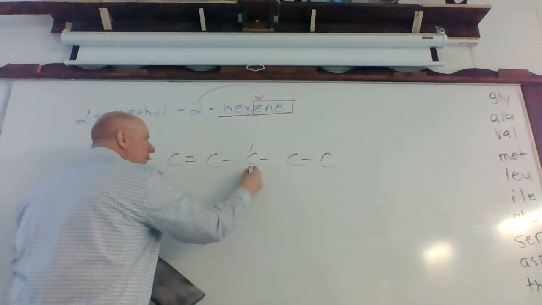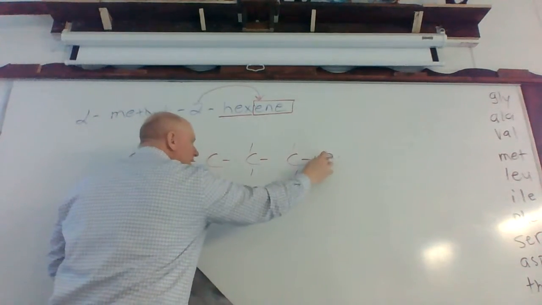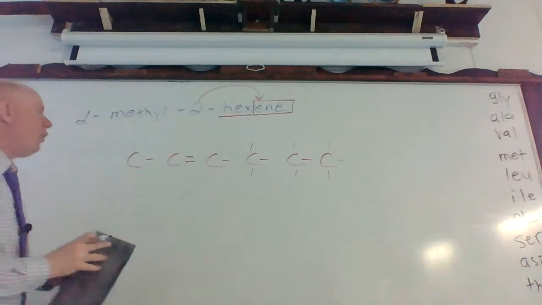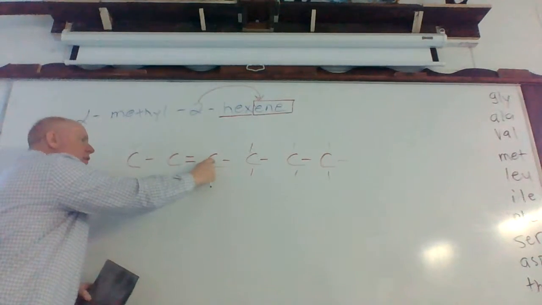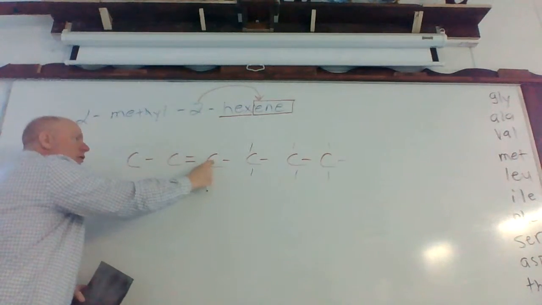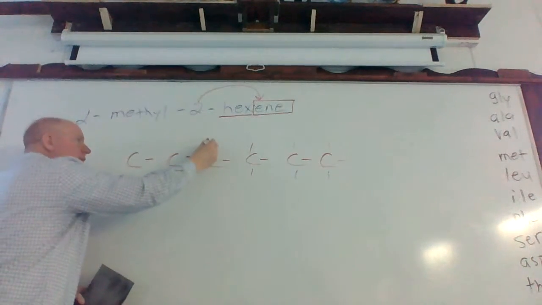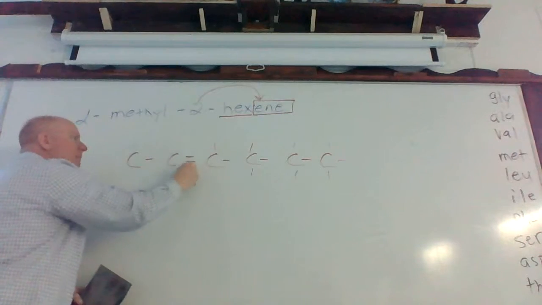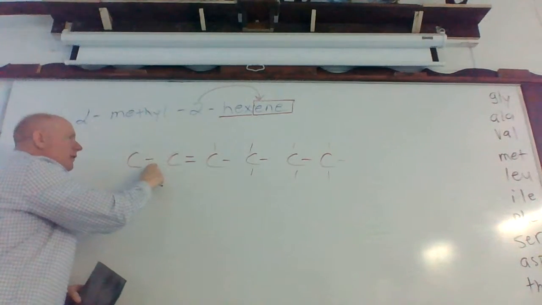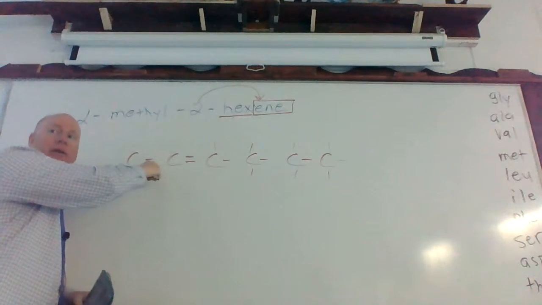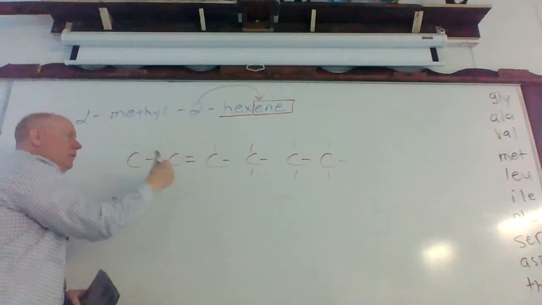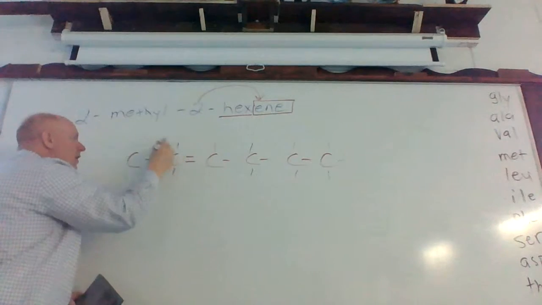Okay. This one gets 3. Okay. So you said with the exception of this one, why can't this one have 2? Because there's 1, 2, 3, and 4 there. Okay. This one, does he get 1 or 2 hydrogens? 2? Okay. And this one gets 3.